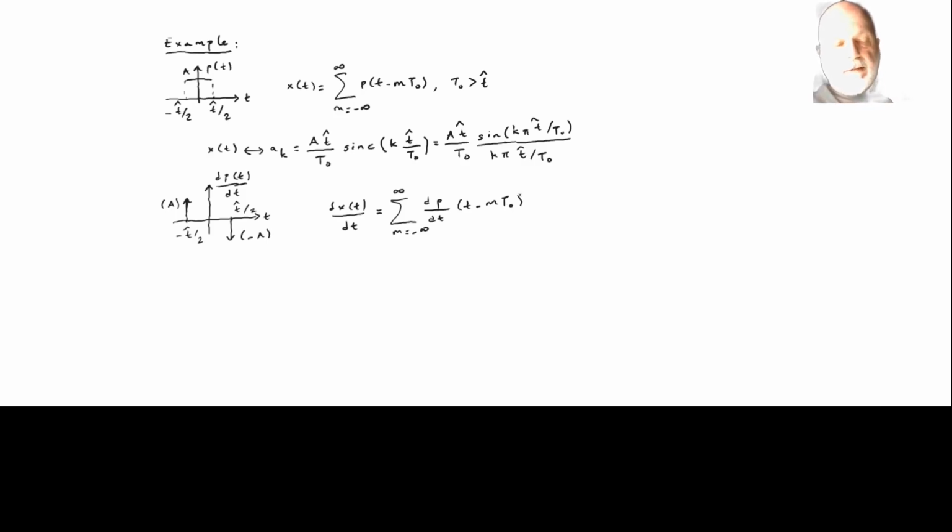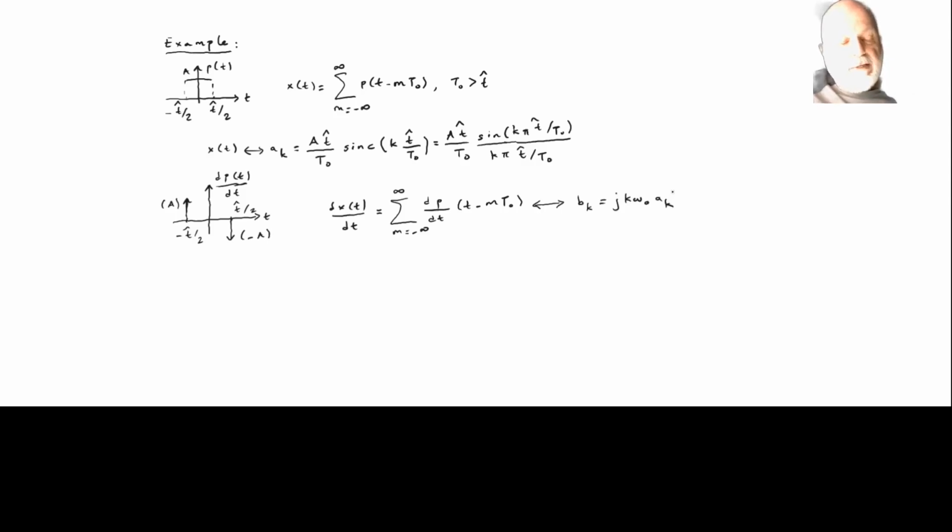Now this signal will have the Fourier series coefficients bk, which will be related to the ak's as jk omega 0 ak.